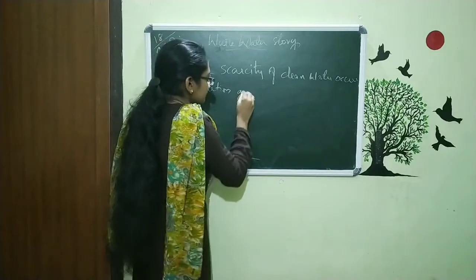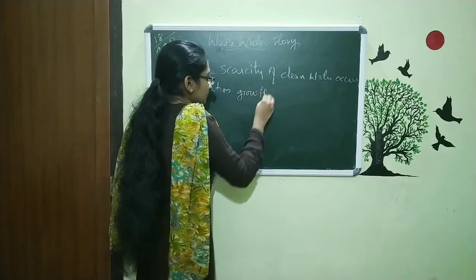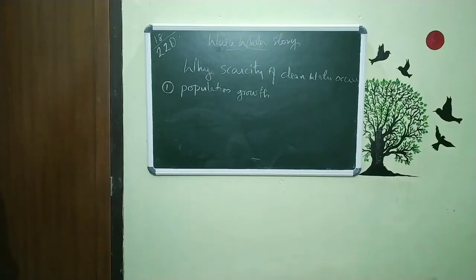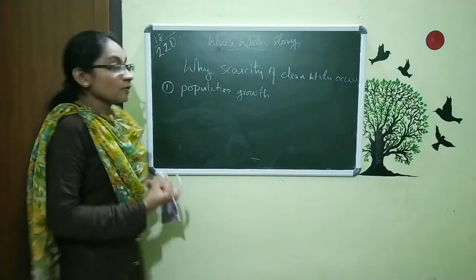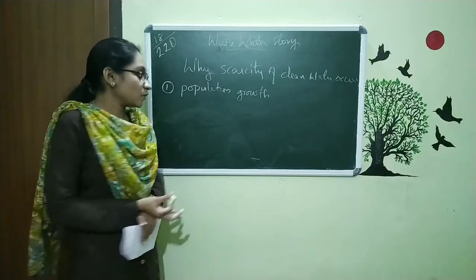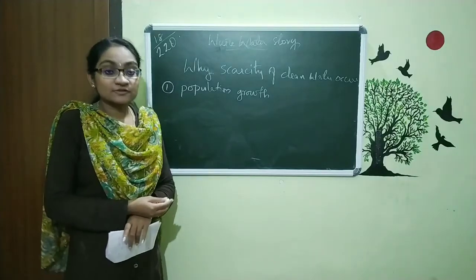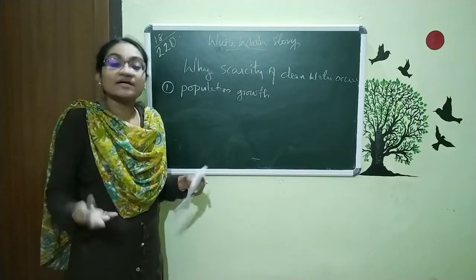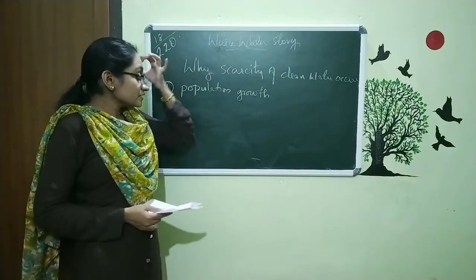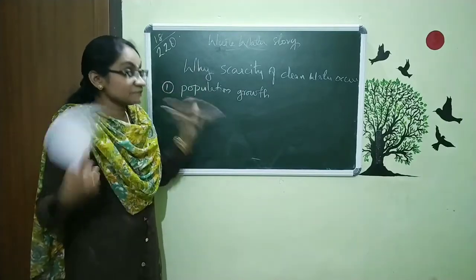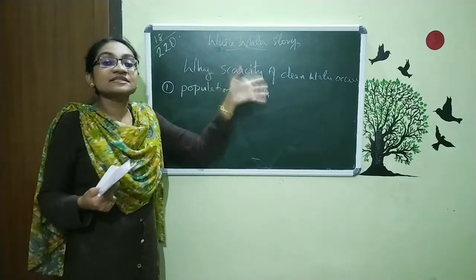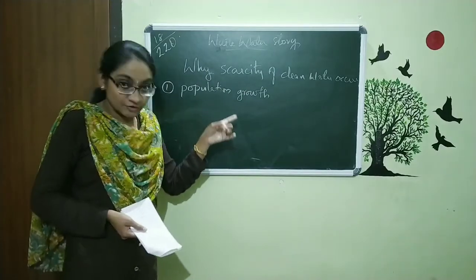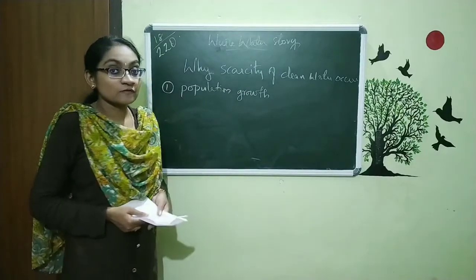That means the population is increasing day by day. Actually, the population is exploding. Population explosion occurs, and because of that we are continuously using water, and this water is getting contaminated and we are just leaving it. So because of this reason many people are feeling scarcity of clean water. So the first thing is population growth leads to the lack of clean water.